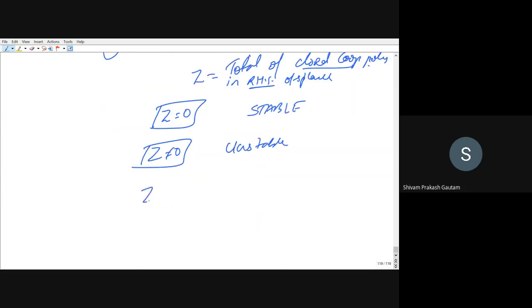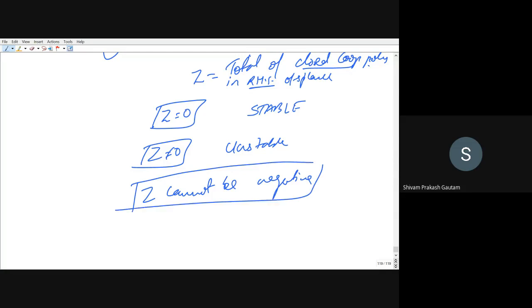Z cannot be negative. If it is coming negative, then there must be some mistake. And one limitation of this Nyquist criteria is that it cannot detect the marginally stable condition. Is it okay? We have seen till this point.